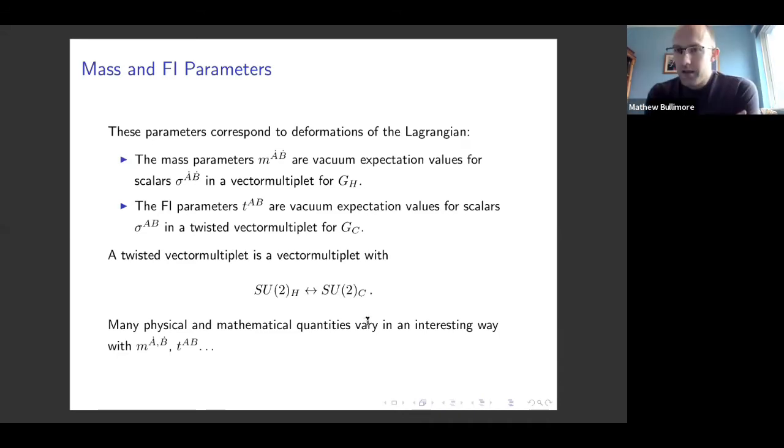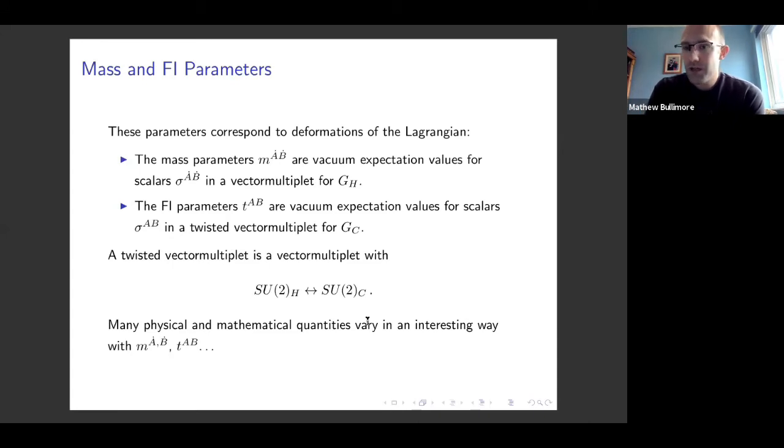So the theme of this talk is really to understand how certain quantities vary as you vary these parameters, these masses and these FI parameters.